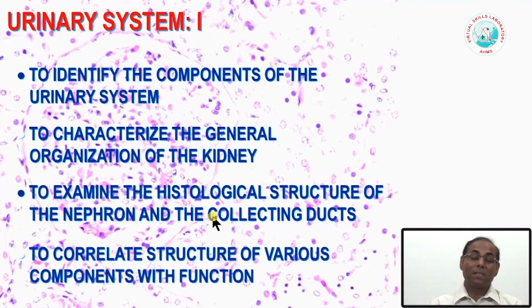Now, in our first class, where we try to understand the structure and functional correlation in relation to particular diseases, we will identify the components of the urinary system and characterize the general organization of the kidney, which is related to understanding the disease. We will examine the histological structure of the nephron and collecting ducts.